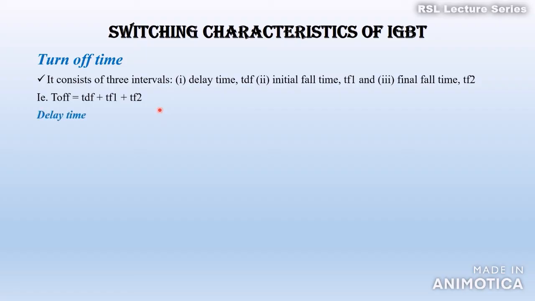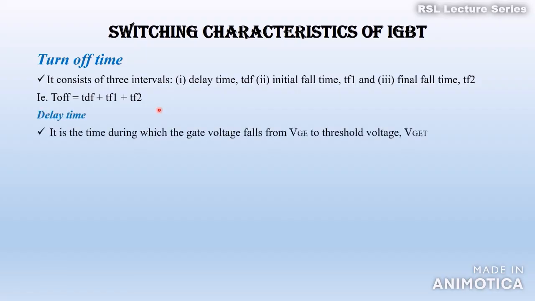So first, delay time. Once the gate voltage is removed, the gate emitter voltage will start falling from VGE to the threshold voltage. The time taken for this initial fall is defined as the delay time.